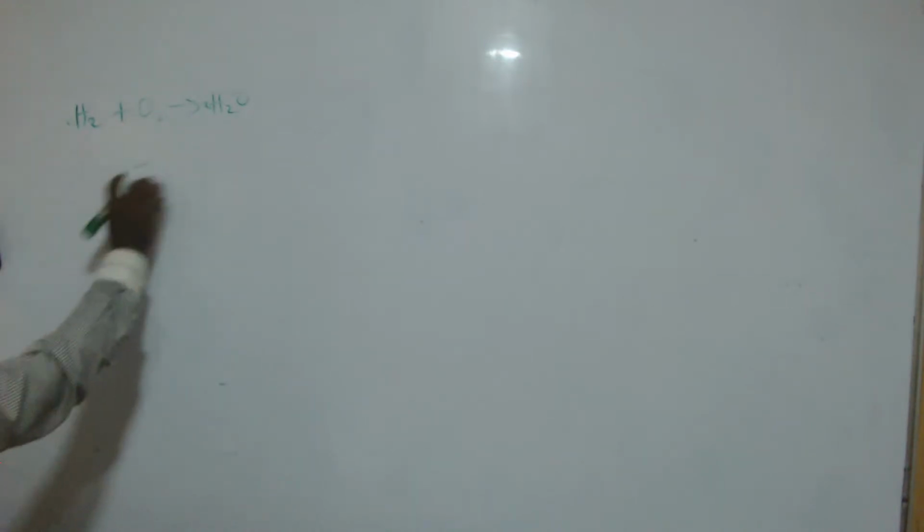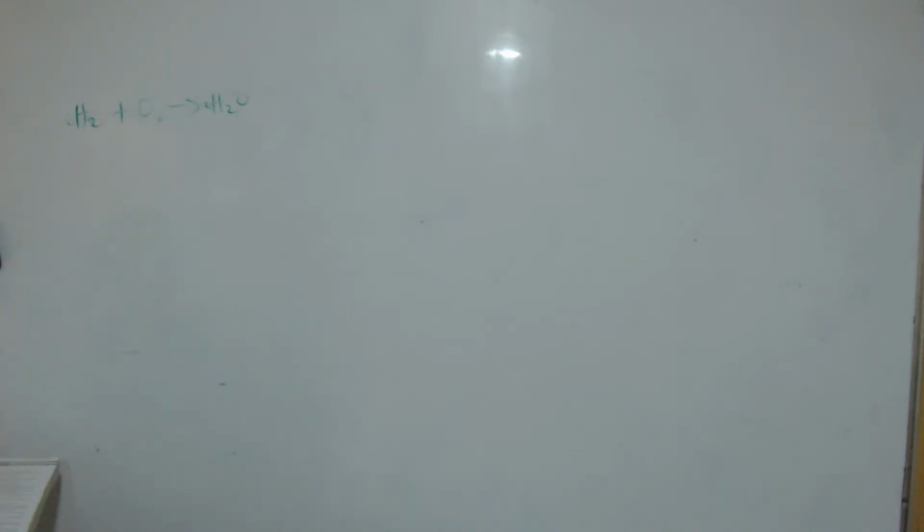Now, they ask you to calculate the number of moles of oxygen required to yield 6 moles of water. This equation is not actually balanced, so you have to balance it. So this is 2, and the equation is now balanced.